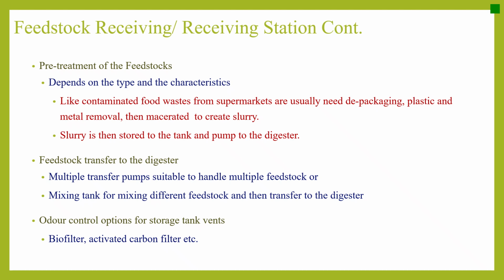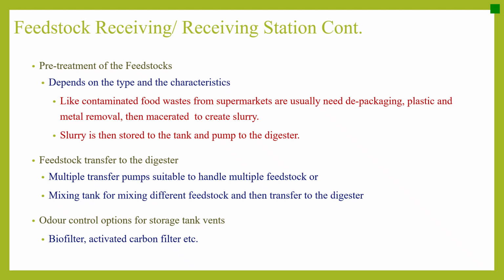We also have to think about how we are going to transfer the feedstock from the storage tank to the digester, and what will be more convenient, suitable or economical. It's either to have multiple transfer pumps and send the feedstock directly to the digester, or to have a mixing tank for mixing different feedstocks and then transfer it to the digester.